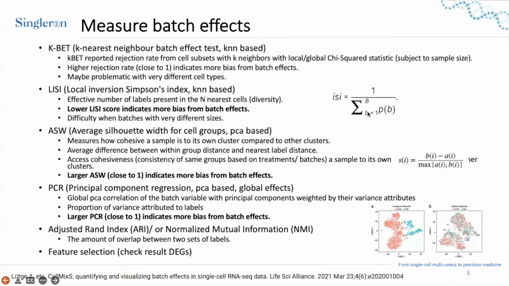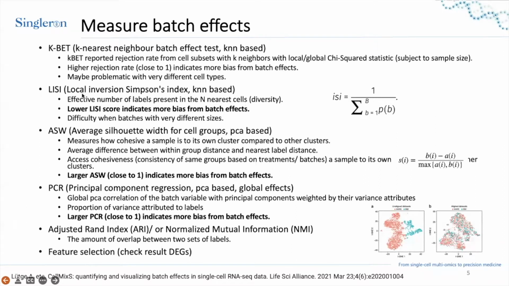So the LISI was calculated based on the summation of the probability of a batch observed in the nearest cells, and the inversion of it tells us the effective number of, for example, batches present in these cells.